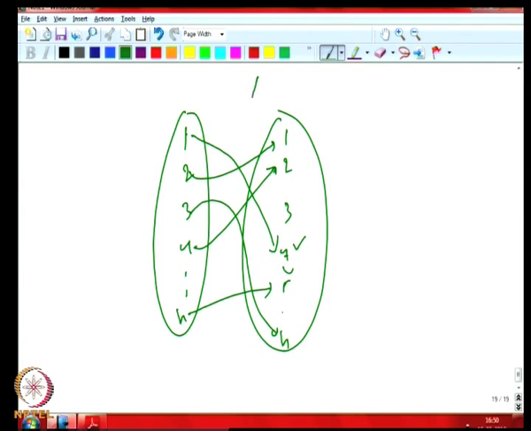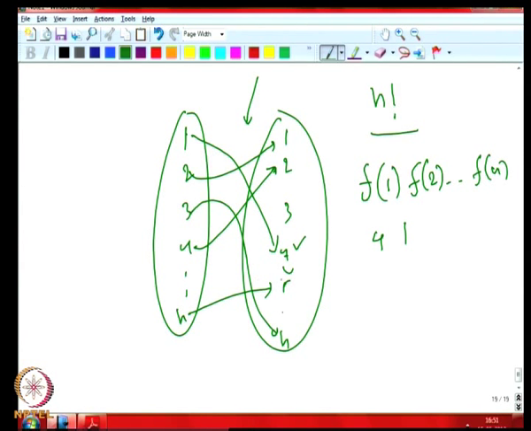As mentioned, this corresponds to non-attacking rook configurations, and this is n factorial. This tells us that it may have something to do with permutations also. If you write f of 1, f of 2, up to f of n in a sequence, how will it look? f of 1 is 4, f of 2 is 1, f of 3 is n, and so on.